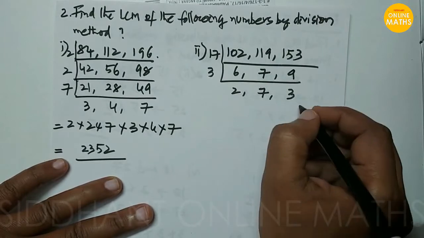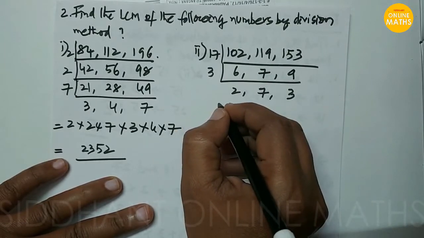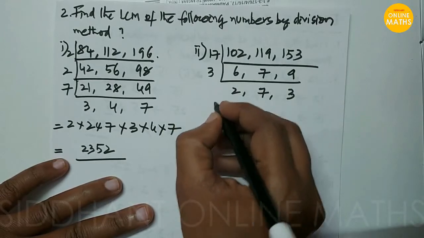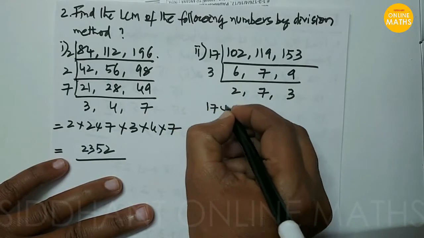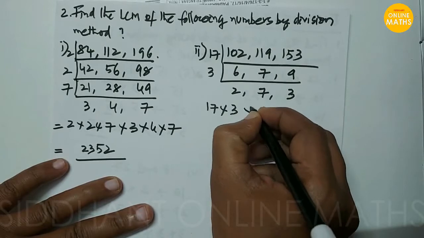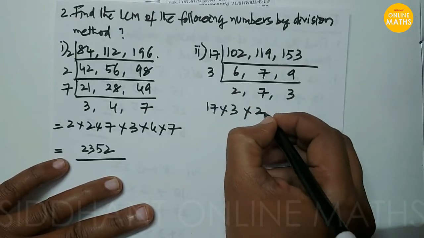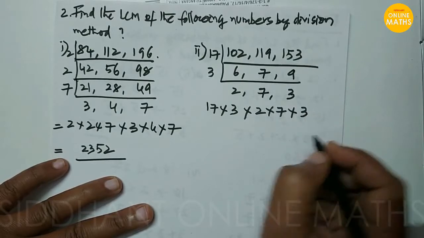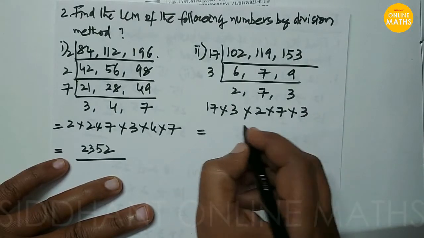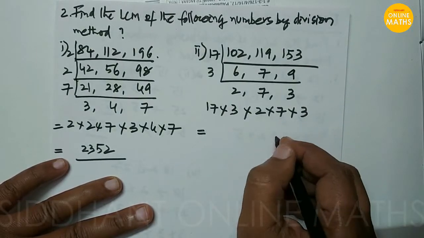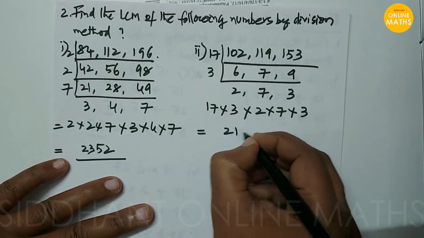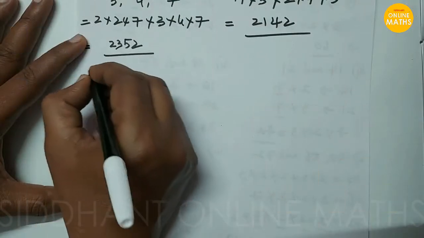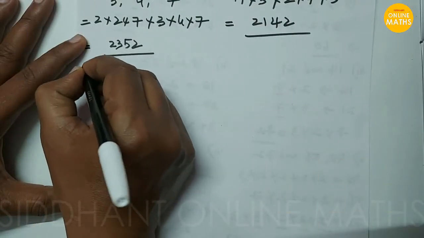So no common factor is there, so we multiply the divisors and remainders, that is 17 into 3 into the remainders 2 into 7 into 3, and we get the product 2142.